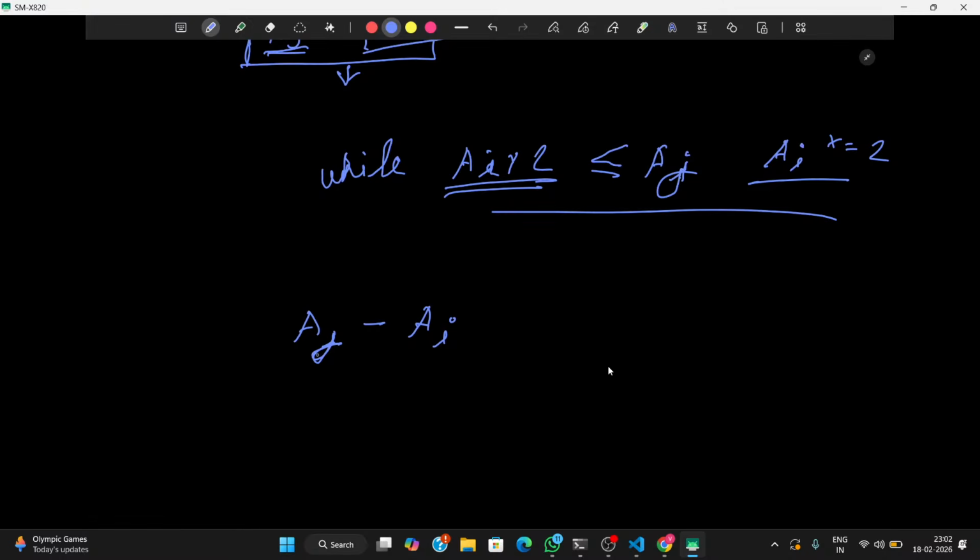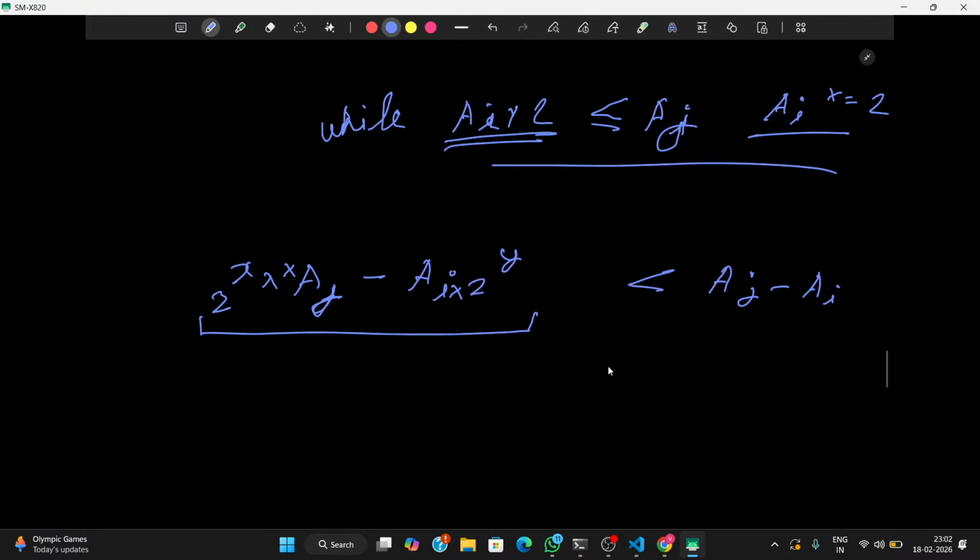Now some of you might think, can we do something like this: can we multiply 2 raised to the power x to AJ and 2 raised to the power y to AI, such that this particular value will now decrease, such that it will somehow become less than AJ minus AI that was mentioned here?